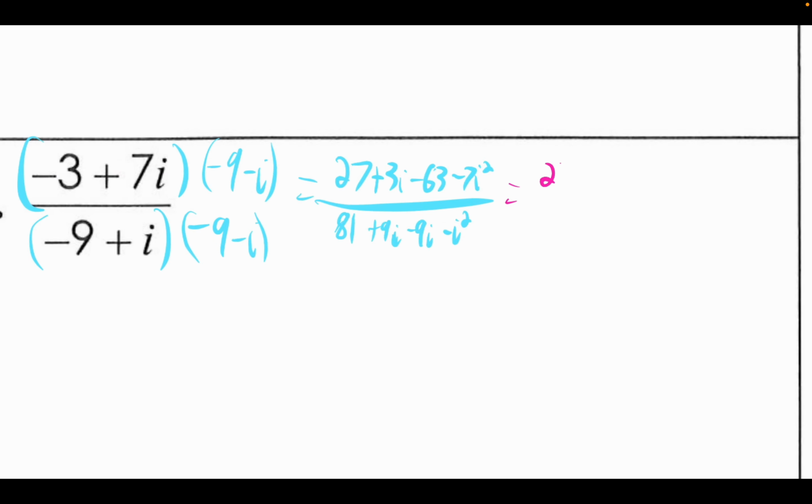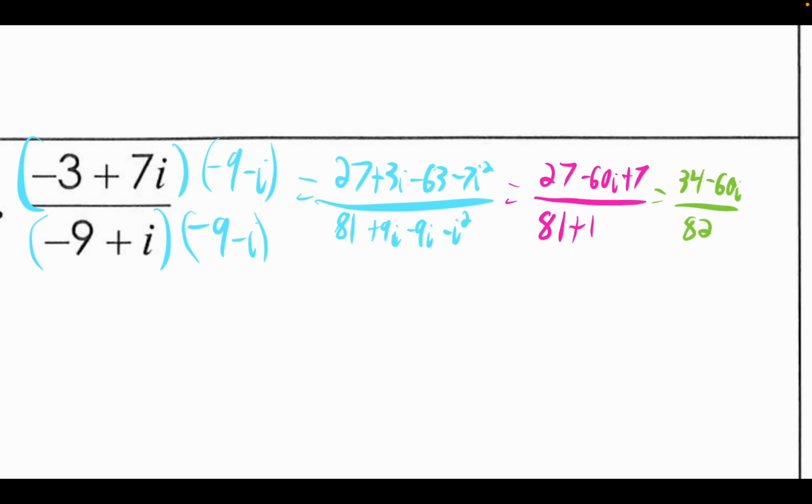The top becomes 27 minus 60i plus 7, and the bottom becomes 81 plus 1. So the top here is really 34 minus 60i, and the bottom is really 82.